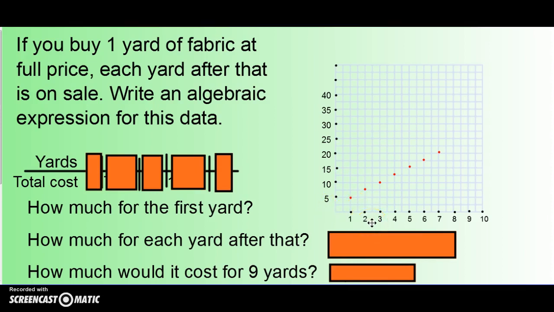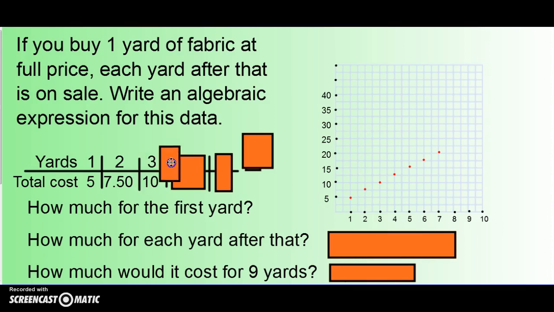The second yard, if you buy 2 yards together, you pay $7.50. And so we would say the first yard was $5, but the second yard only added an additional $2.50. So notice the first yard was $5. The first two together are $7.50.